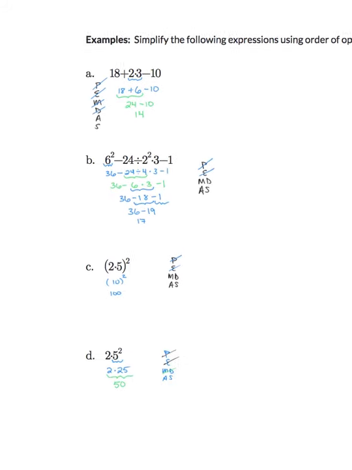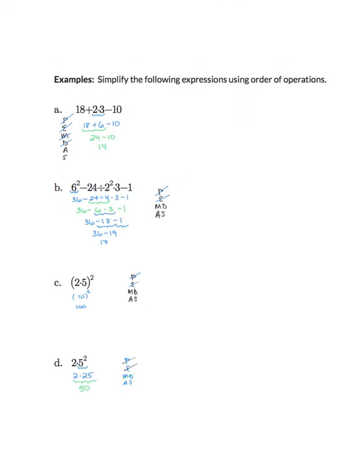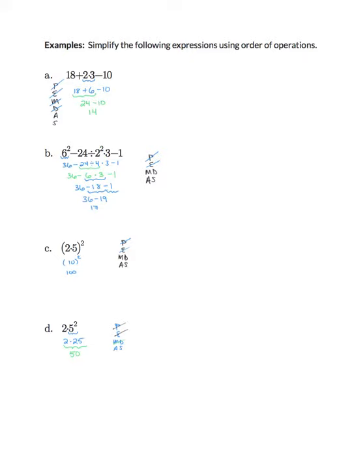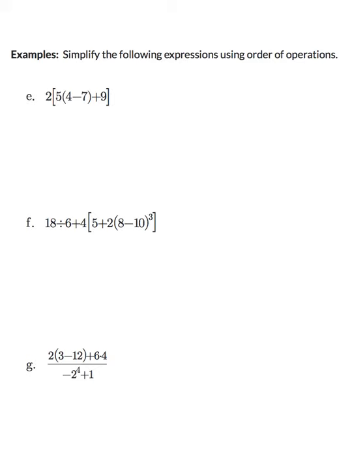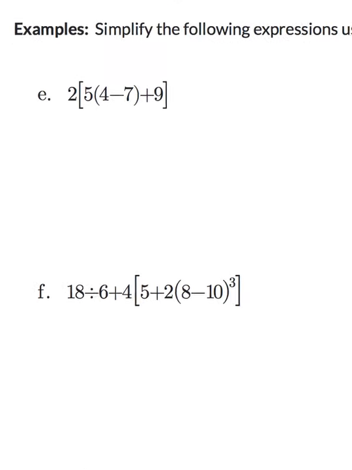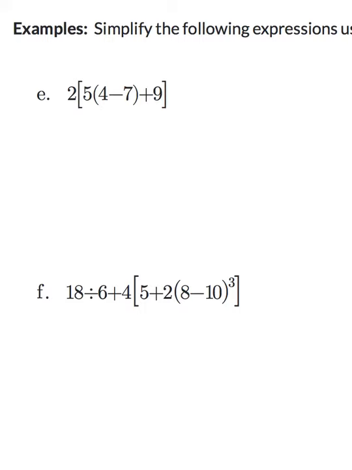Okay, so these are some basic ones that we have. And now we're going to go over and look at some more complicated ones. All right, the next set of examples are going to be a little bit more involved. Now, for example E and example F, one thing to note is square brackets have no special meaning.